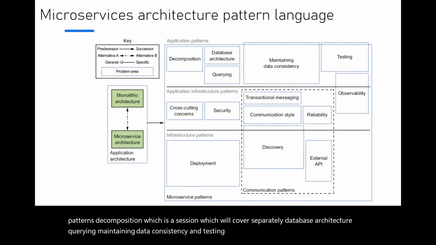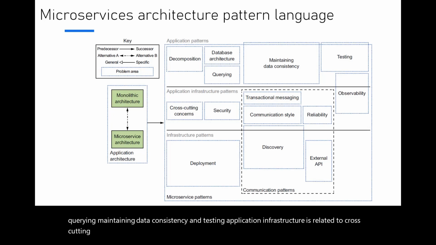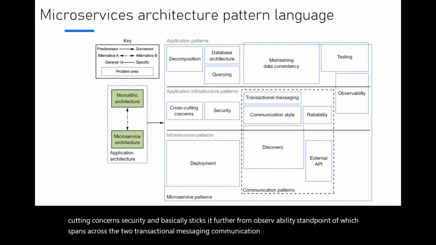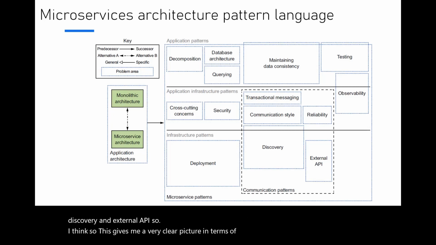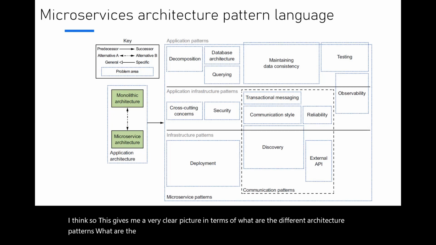Application infrastructure is related to cross-cutting concerns, security, and observability, which spans across the two, along with transactional messaging, communication style, and reliability. Eventually we get into the core infrastructure patterns, which are deployment, discovery, and external API. This gives me a very clear picture of the different patterns applicable from a microservices standpoint.